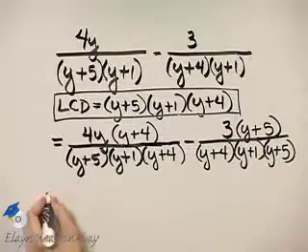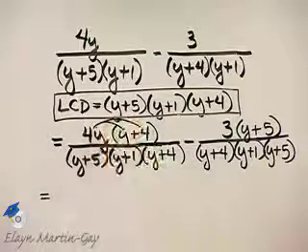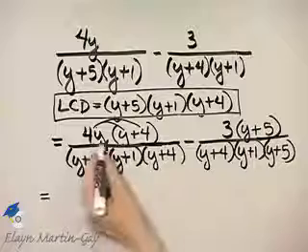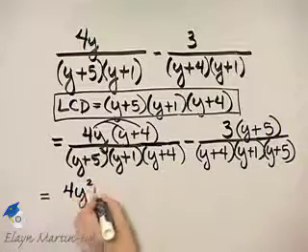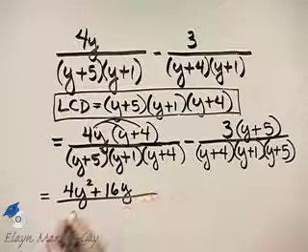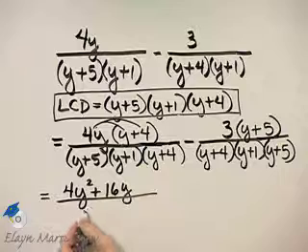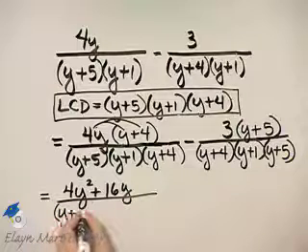Now let's go ahead and, in the first numerator, let's go ahead and multiply. I have 4y squared plus 16y all over. Now if you want to save space, you can write LCD, least common denominator, but for our purposes, I better go ahead and write it out.